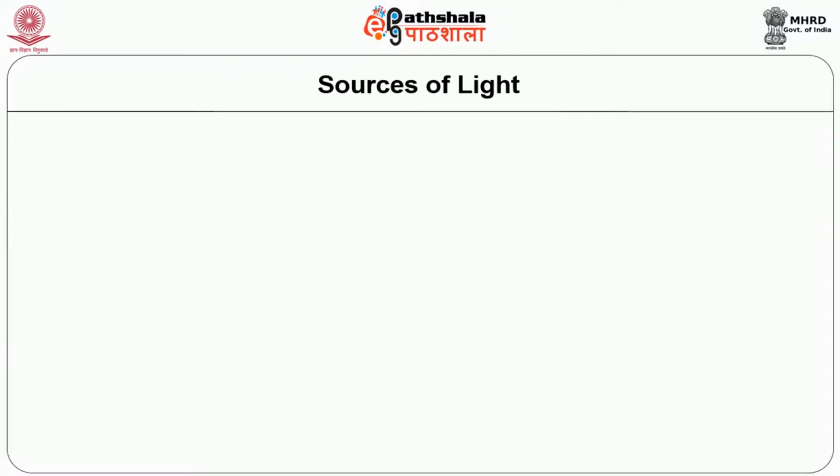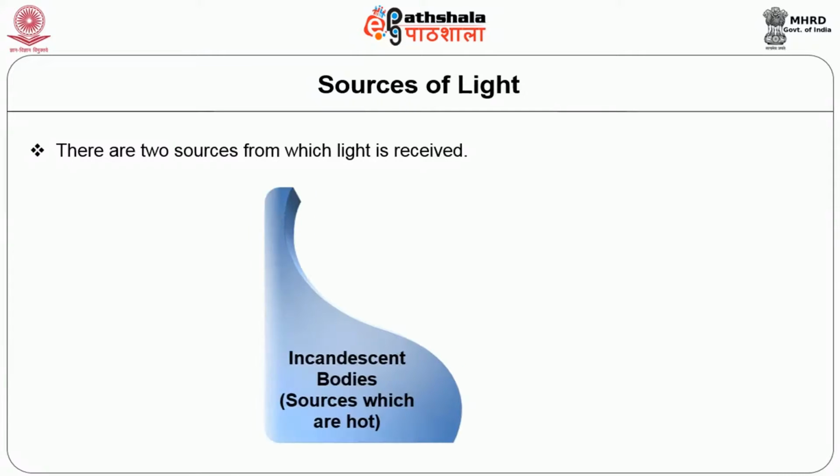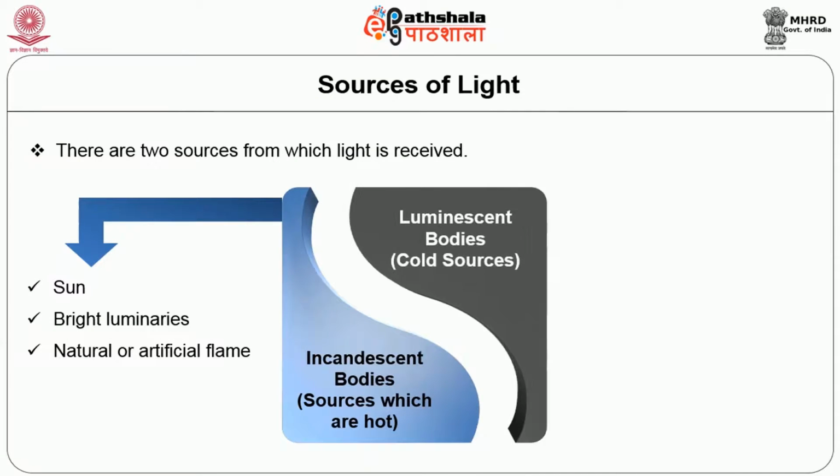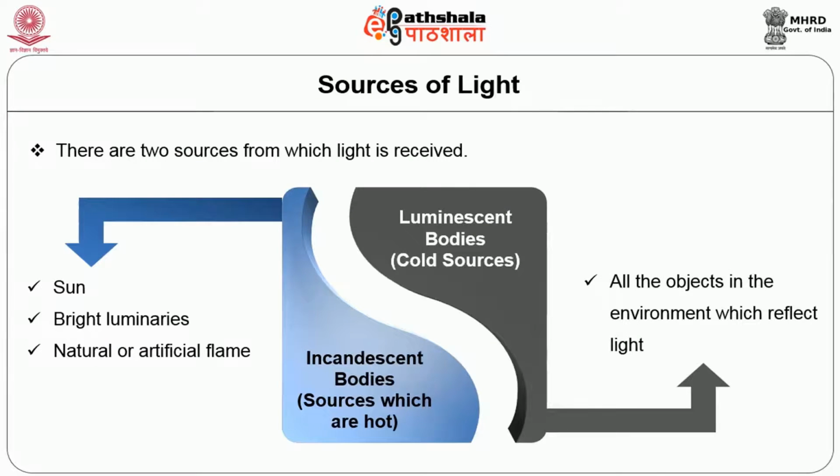Second one is sources of light. There are two sources from which light is received. One is from incandescent bodies, sources which are hot like the sun, bright luminous, natural or artificial flame, etc. And the other is luminescent bodies, which are cold sources, that is all the objects in the environment which reflect light.